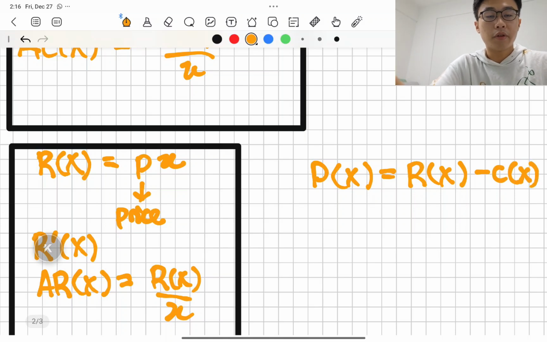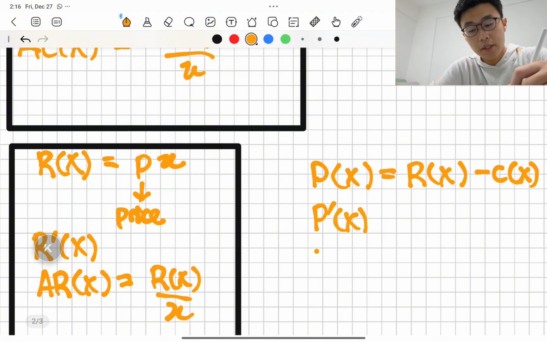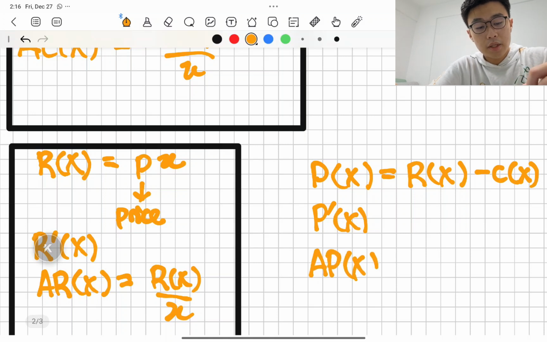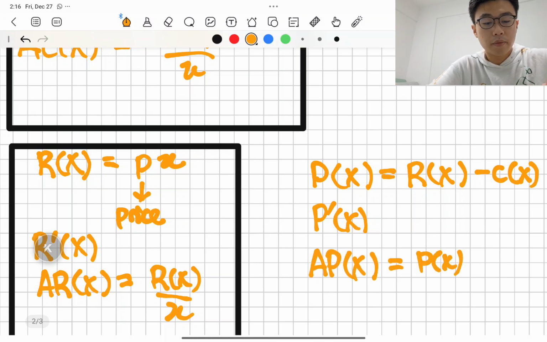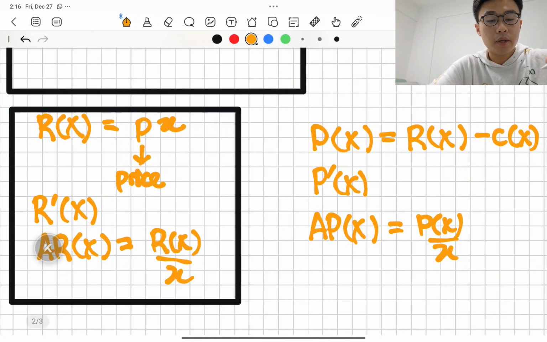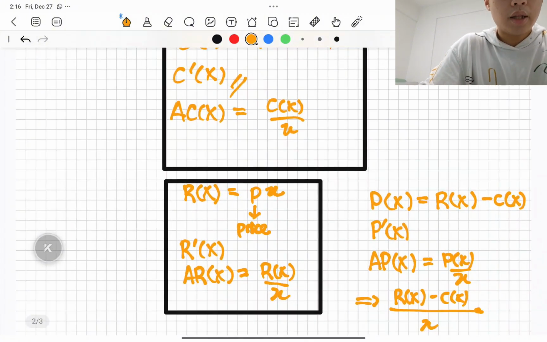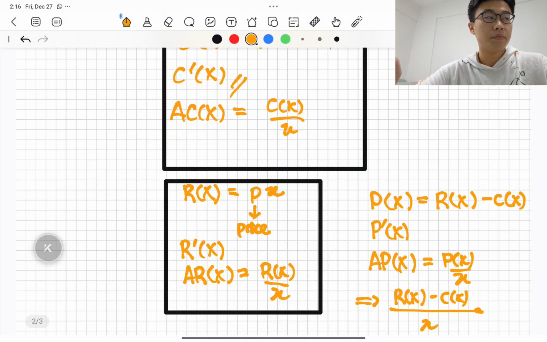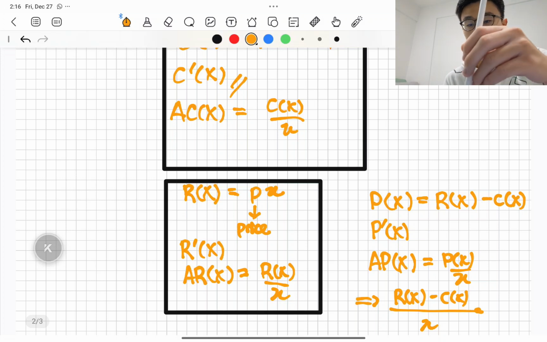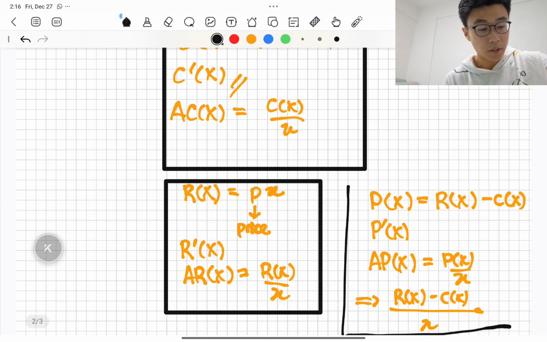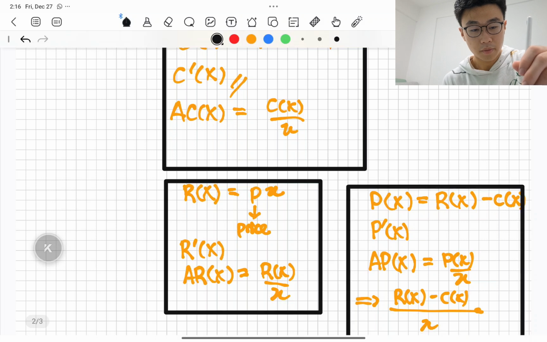The marginal profit function is also the same, which is the first derivative of P(x). And the average profit function is AP(x), which is equal to P(x) over x. And this can be equal to R(x) minus C(x) over x. Because in some questions, the profit function is not given, but we need to find it on our own. Okay, so this is the profit function.